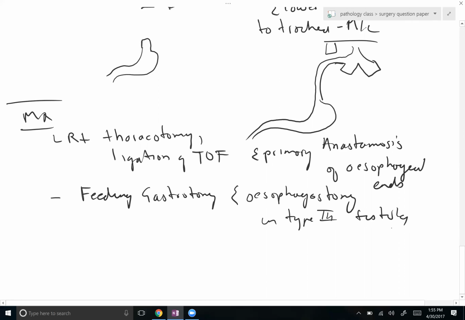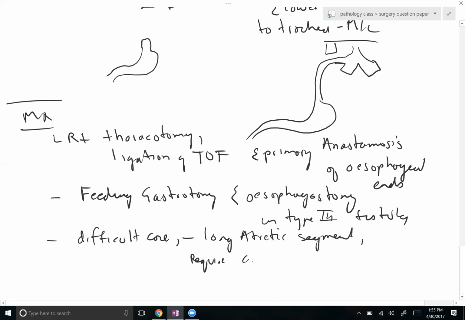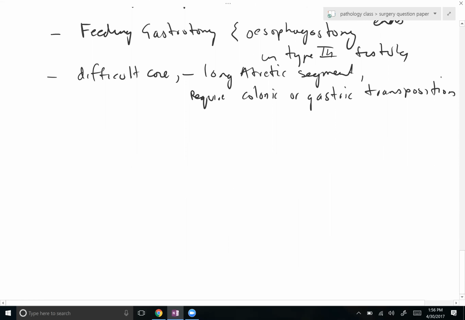If there is a severe or difficult case in surgery, where we have a long atretic segment, we require colonic or gastric transposition.